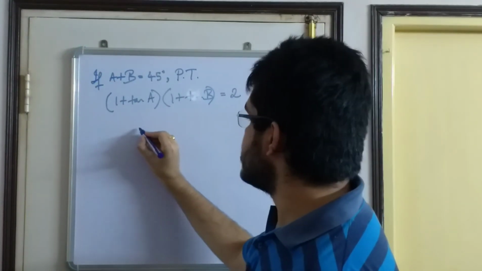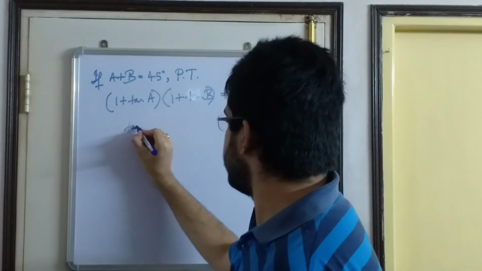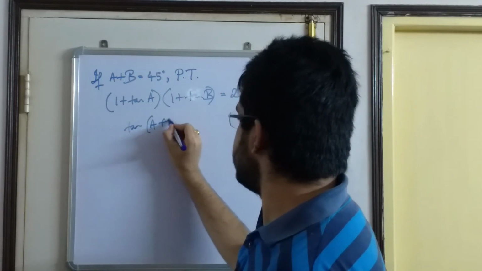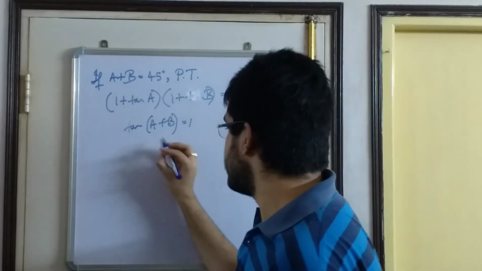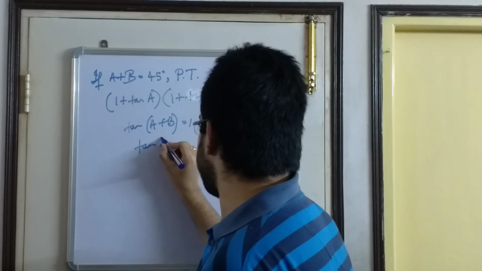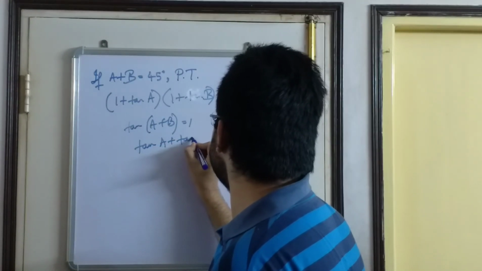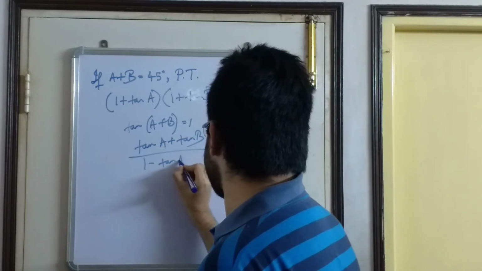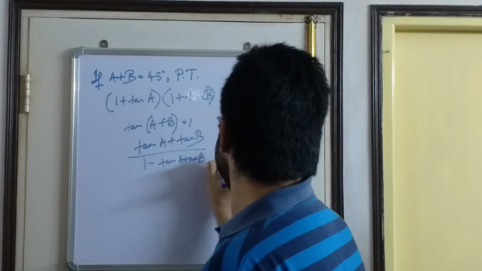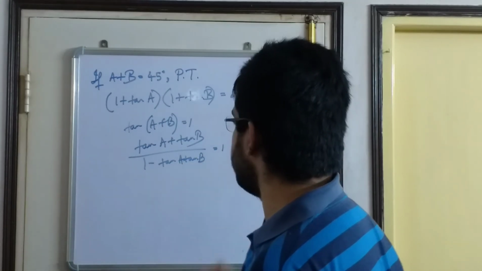See, a plus b is equal to 45 degree. So we can write tan of a plus b is equal to 1, and now use the formula of tan a plus b. Tan a plus tan b by 1 minus tan a tan b is equal to 1.